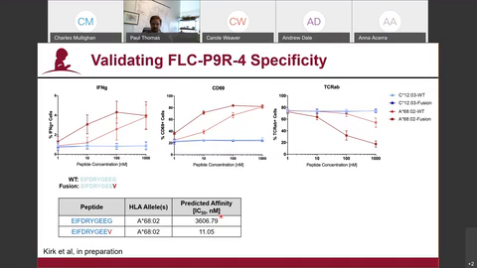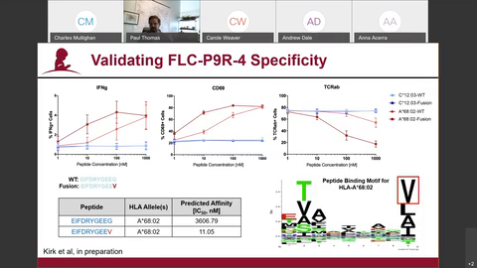And indeed, if you look at the motif of peptides that bind to A6802, valine is a key end anchor residue.